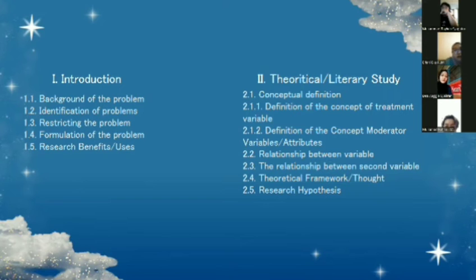In chapter 2, there's a theoretical or literal study that consists of conceptual definition, definition of the concept of treatment variable, definition of the concept of moderator variables or attributes, relationship between variable, the relationship between second variable, theoretical framework or thought, and the last one, research hypothesis. Next.